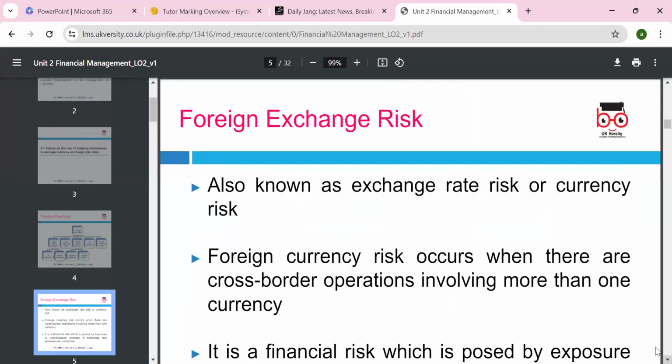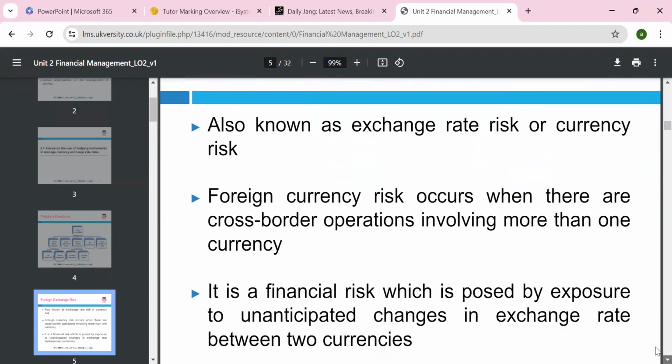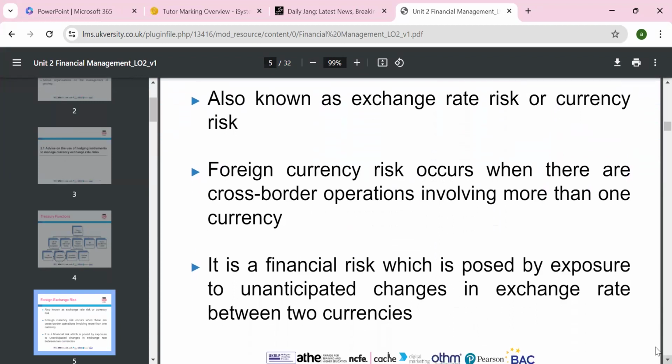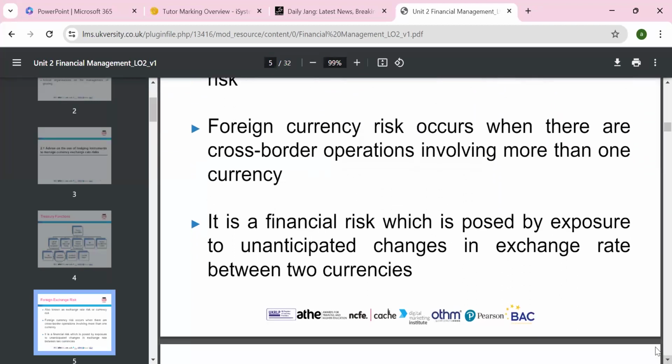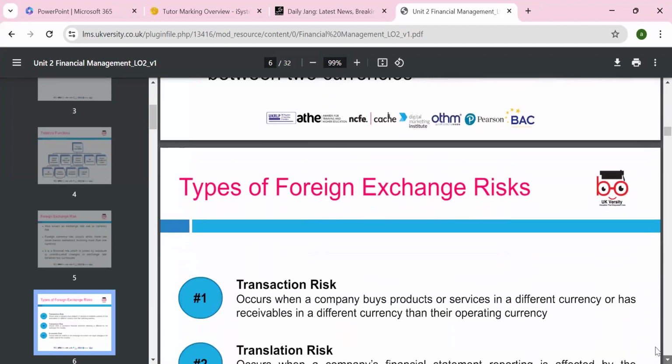So this is also known as the exchange rate risk, the currency risk. Foreign currency risk occurs where cross-border operations involve more than one currency. It is a financial risk which can be posed due to unexpected changes in the exchange rate between countries that can have a huge impact on the cost.